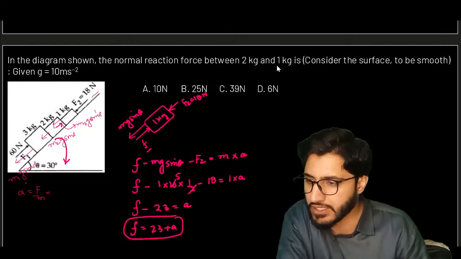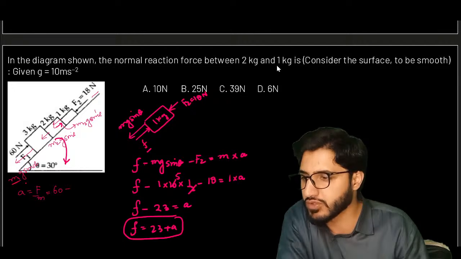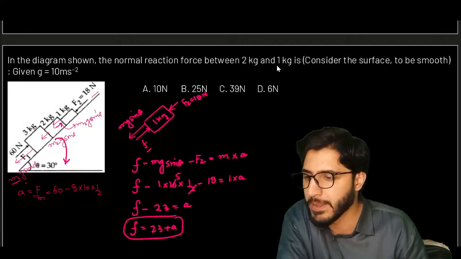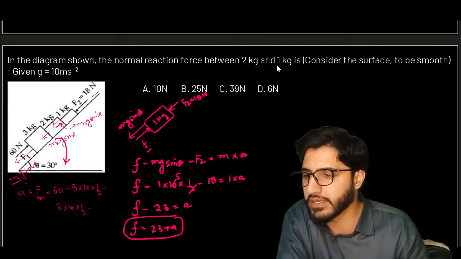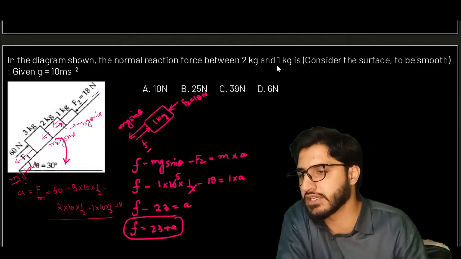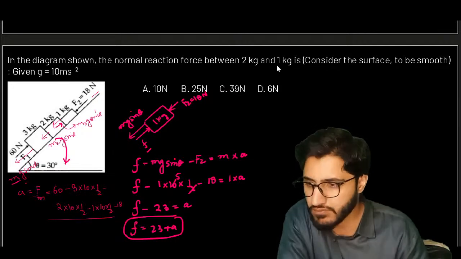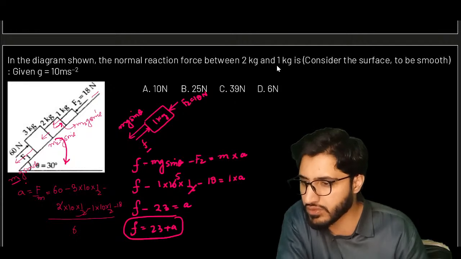What is F? It will be 60 minus mg sine theta terms. What is M? M is given to be 3. So I can write M, that is 3, g is 10, sine theta is 1 by 2, simply 1, minus M2, which is 2, times 10 times 1 by 2, minus 18, whole divided by total mass, that is 3 plus 2, 5, 6. 6, right? 2 to cancel out. 2 ones are 2, 2 fives are 10.